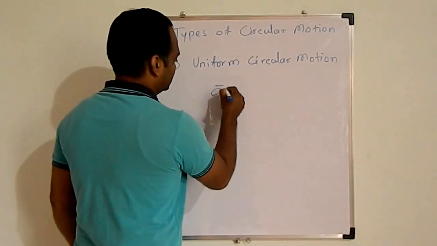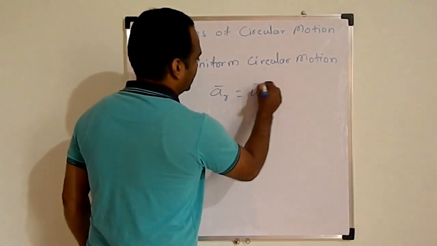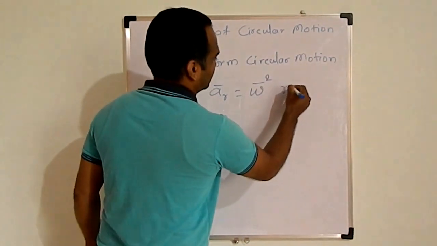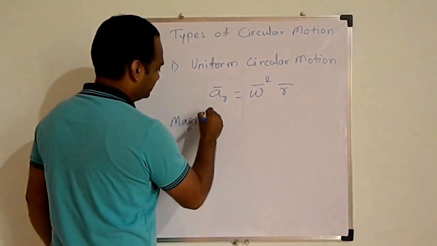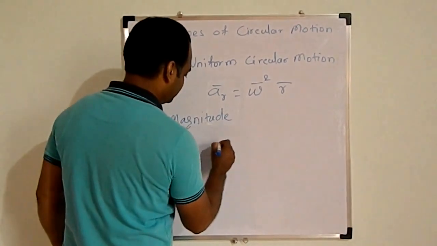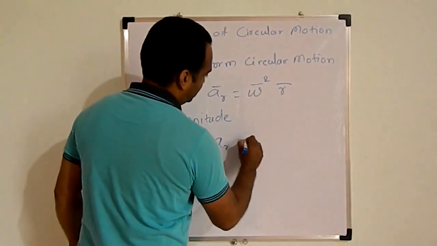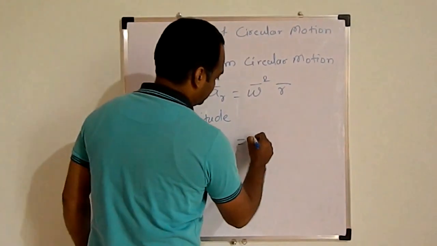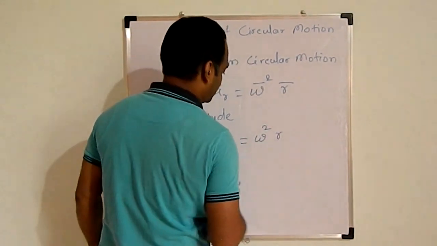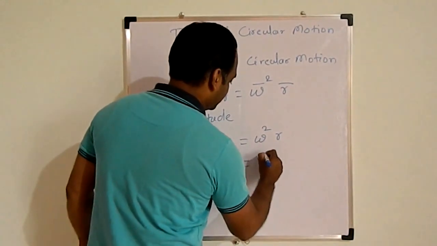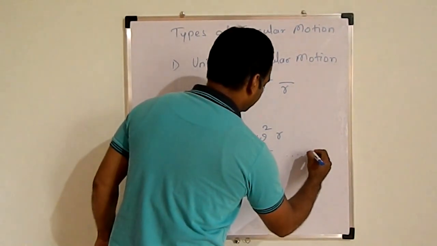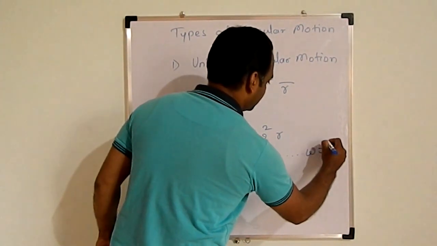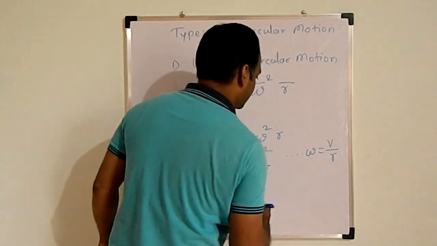The radial acceleration is given by the formula omega square r, and its magnitude is A equals omega square r, which can be written as v square by r, as we know omega is equal to v by r.